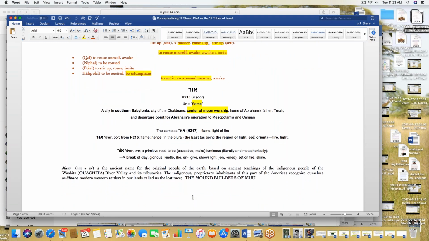So this is related to H217. Again, it's the same Ur. It means a flame, or in terms of action, to light a fire or the light of a fire. Your illuminated body, your resurrected body, your fire body.